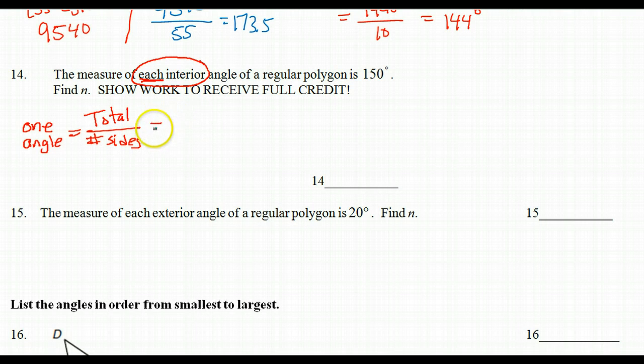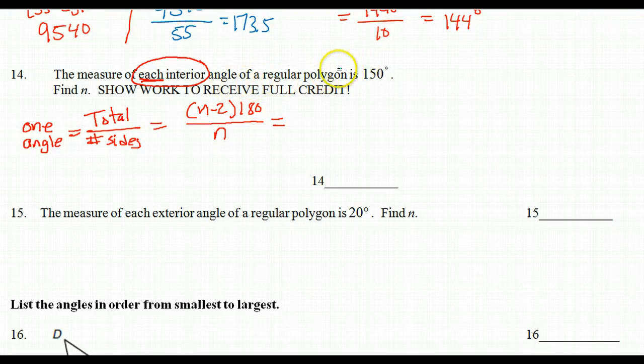So in this case, we don't know the number of sides, so all I can do is write n minus 2 times 180 as an expression for the total. The number of sides, the expression for that is just n.